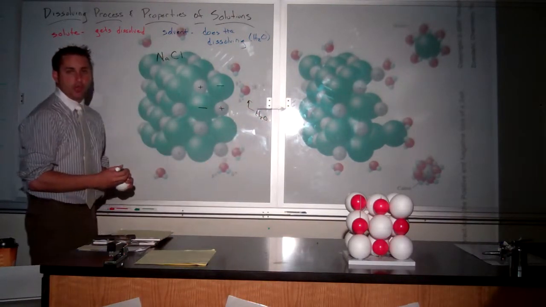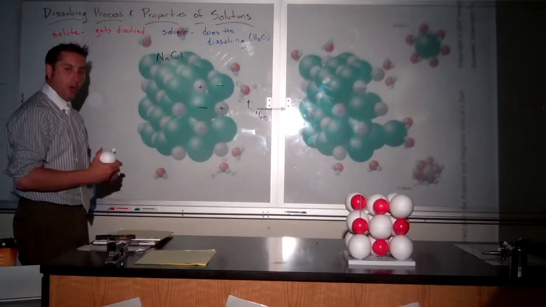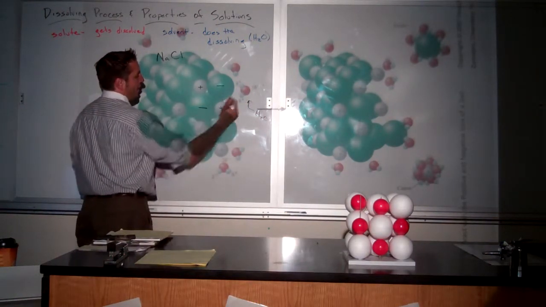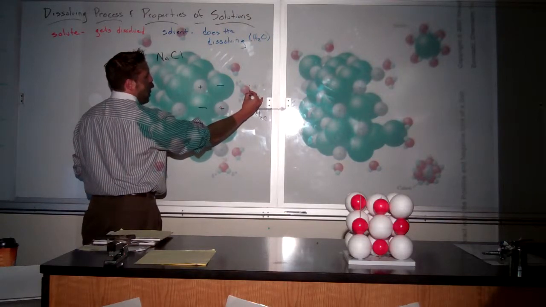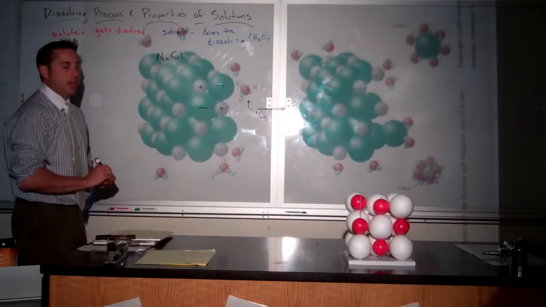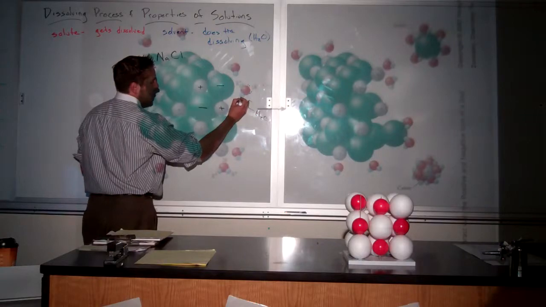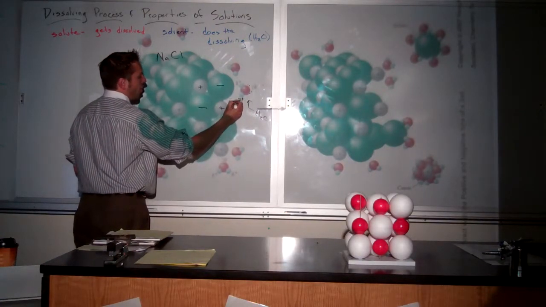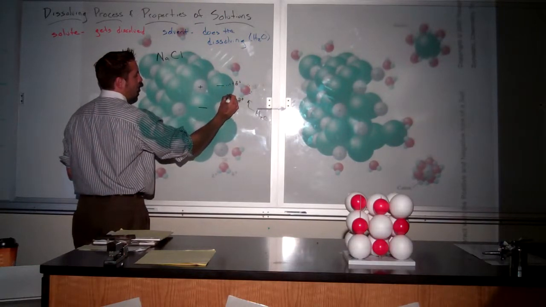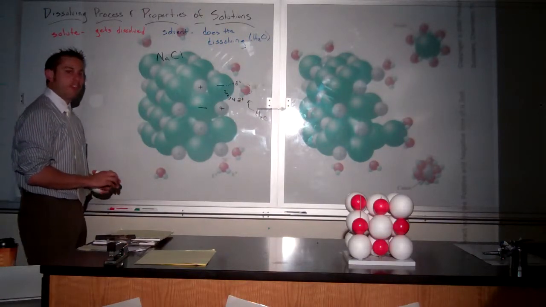an H2O molecule comes along. And when that H2O molecule comes along, because it's polar, it has an uneven charge: we have the negative unshared pairs of electrons on the oxygen and a partial positive charge on the hydrogen, due to the uneven sharing of the covalent bond. The partial positives of water are attracted to the negative anions.